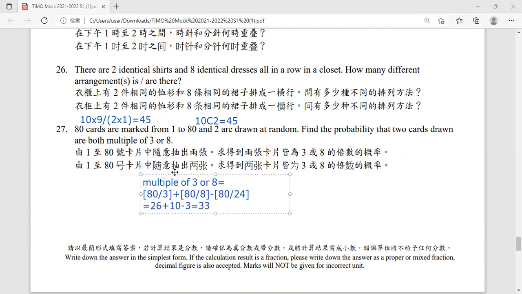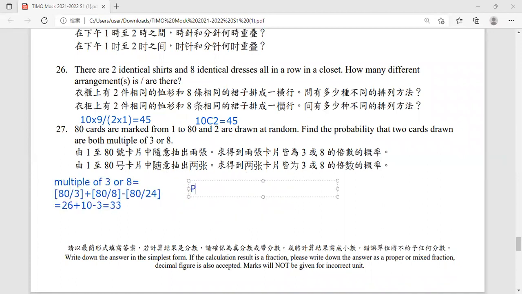Now the probability, which is equal to what? We have drawn 2 cards, so this is 80 times 79 because you are not putting it back.